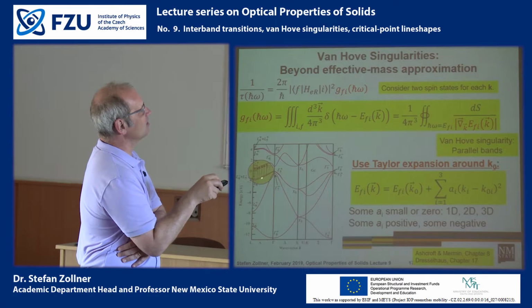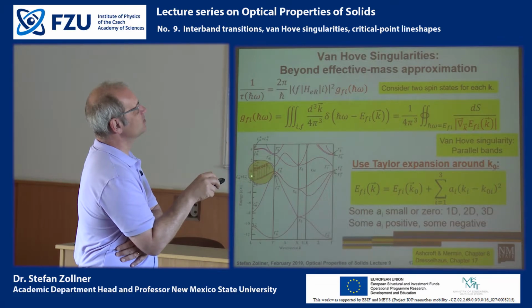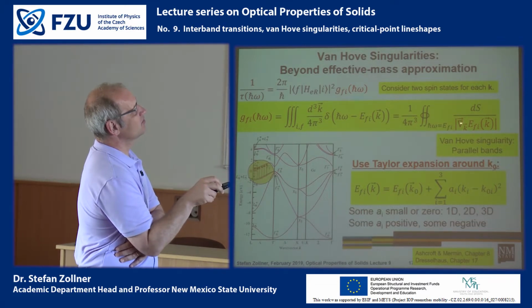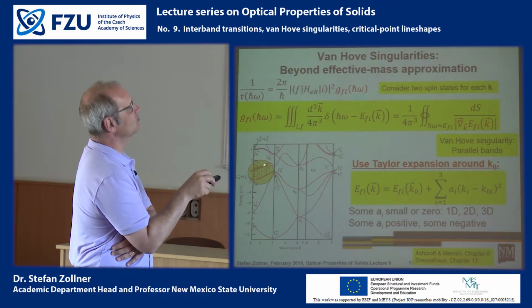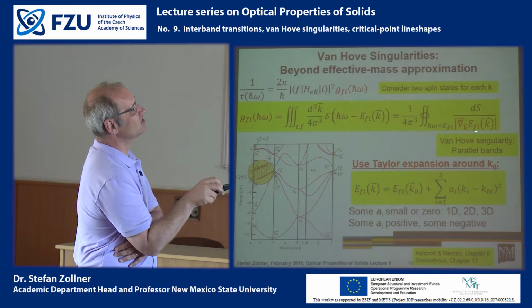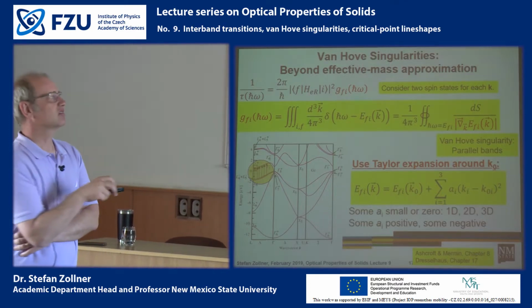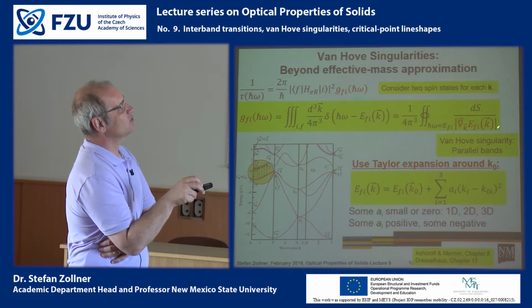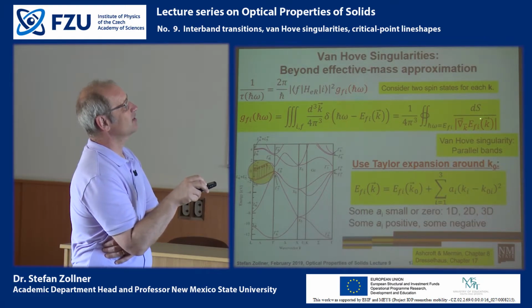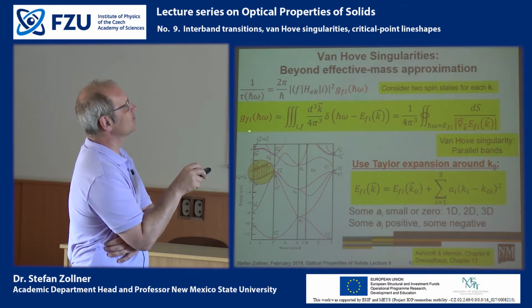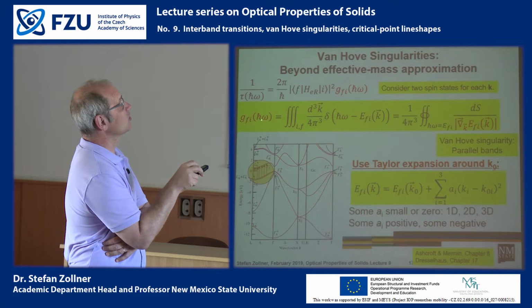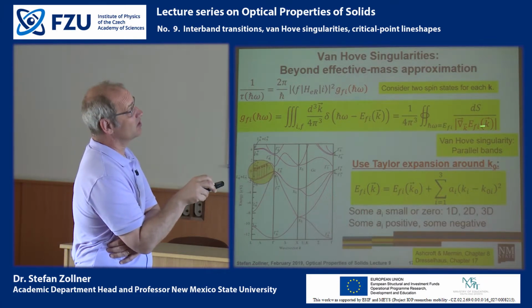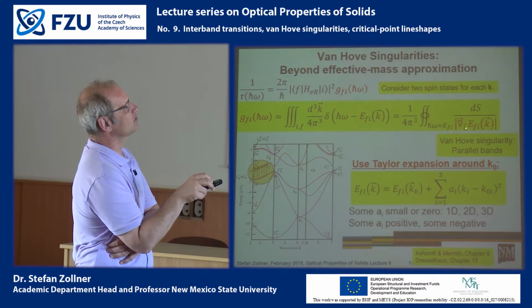And as I walk along this line in K-space, this derivative vanishes because along 1, 1, 1, the energy difference does not change as the K point varies. So therefore, this gradient in k-space is 0, and therefore what I'm integrating over goes to infinity, and this joint density of states becomes very large because the denominator becomes very, very small.